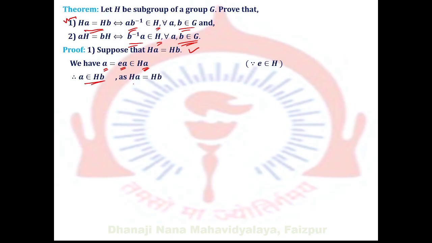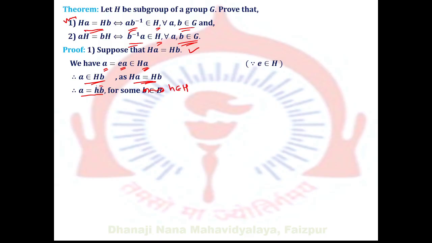Now A belongs to HB, so we write A as equal to h into b, for some h belongs to capital H.